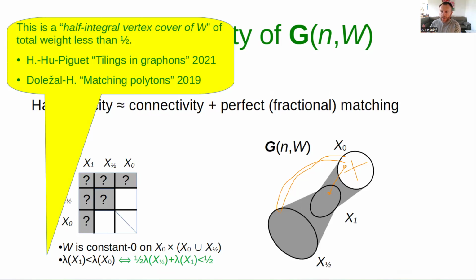we would like to transfer that condition to what it means for the graph on W, which serves as the base of the model. As a matter of fact, I wrote papers about matching theory for graphons previously with Ping Hu, Diana Piguet and Martin Dolezal.